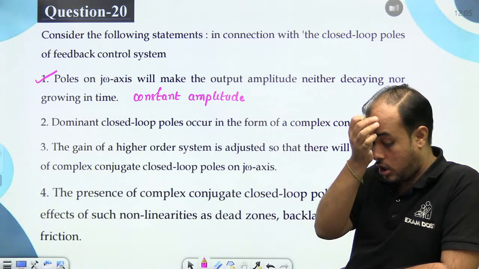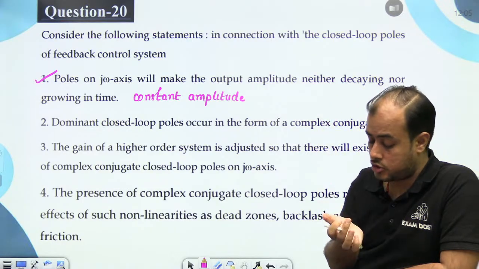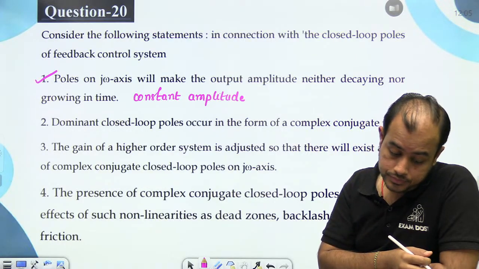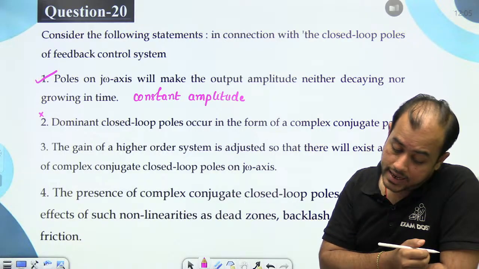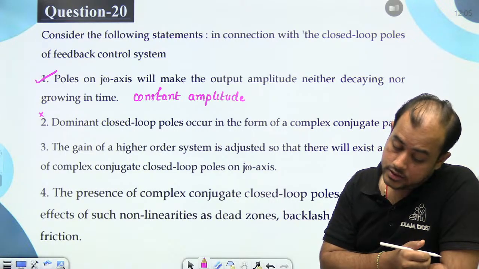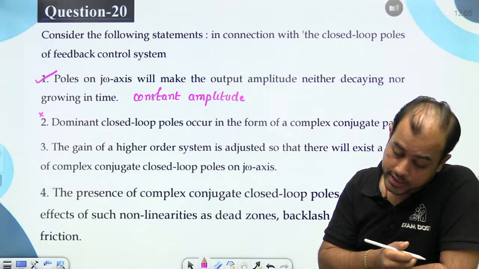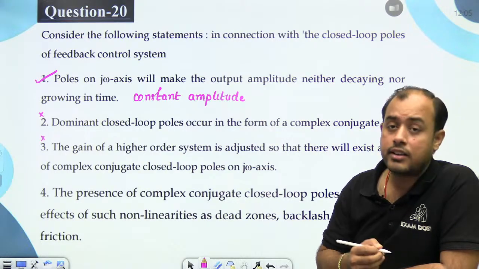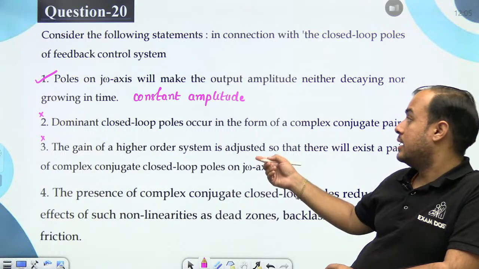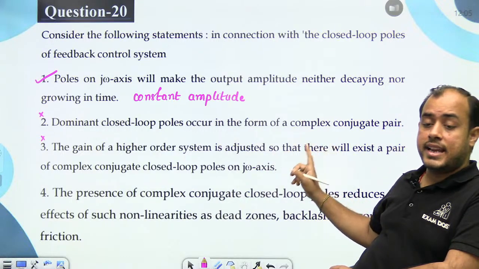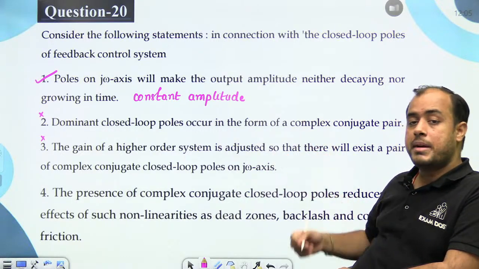Dominant pole occurs in the form of a complex conjugate pair. जरूरी तो नहीं है हमेशा. Gain of a higher order system is adjusted so that there is a complex conjugate pole on the j omega axis. नहीं. Why will you adjust the gain to make the system marginally stable? ये कह रहा है हायर ऑर्डर सिस्टम का गेन ऐसा सेट करो कि पोल इमेजिनरी पे आ जाए.